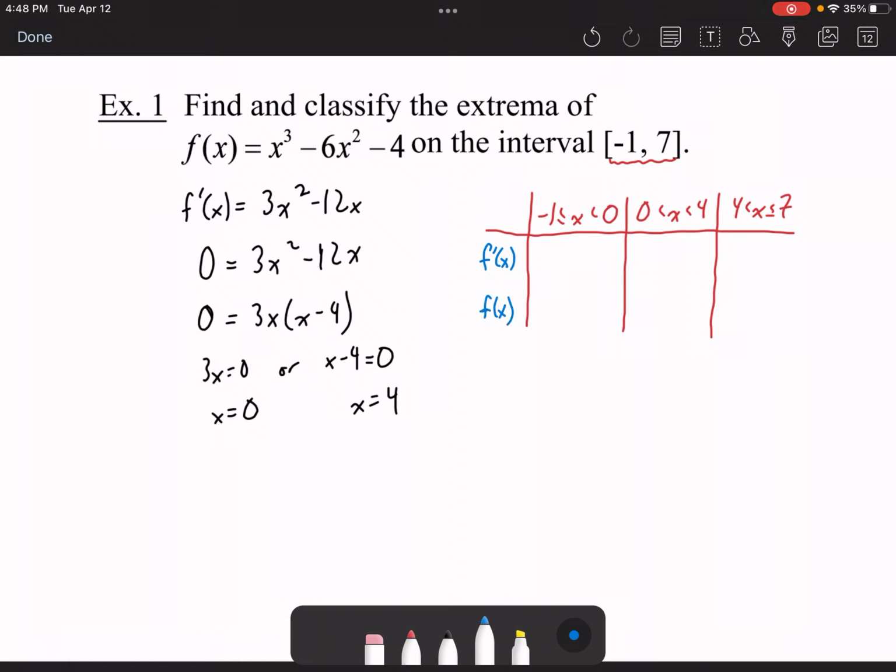Okay, so if I choose a value less than 0, I could choose -1. So if I substitute that in, I'll get a positive value, meaning the function's increasing here.